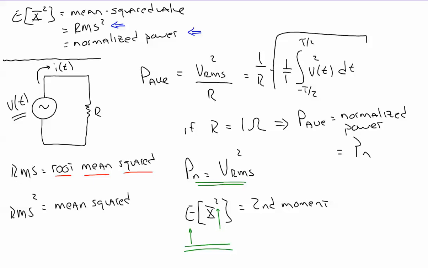If my random variable x represents a noise voltage or a noise current, the mean squared value would be the power delivered to a 1 ohm load resistance. All right?